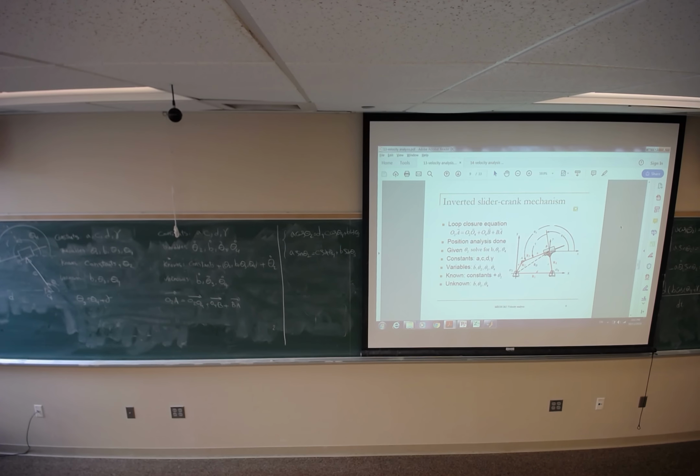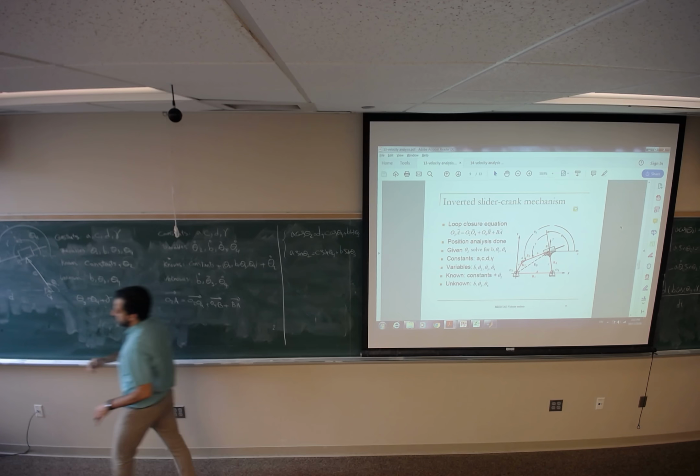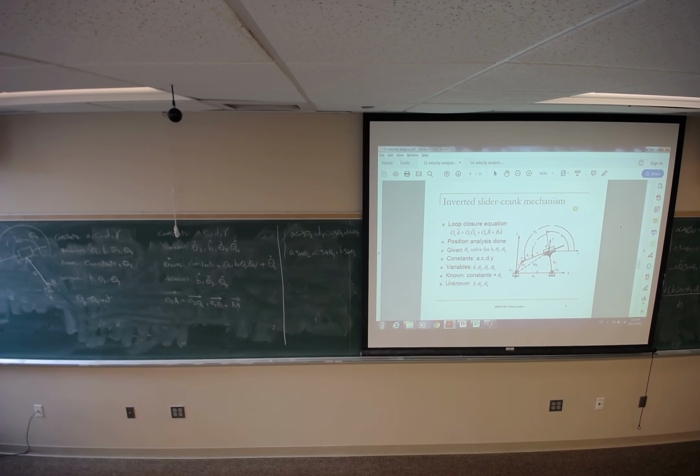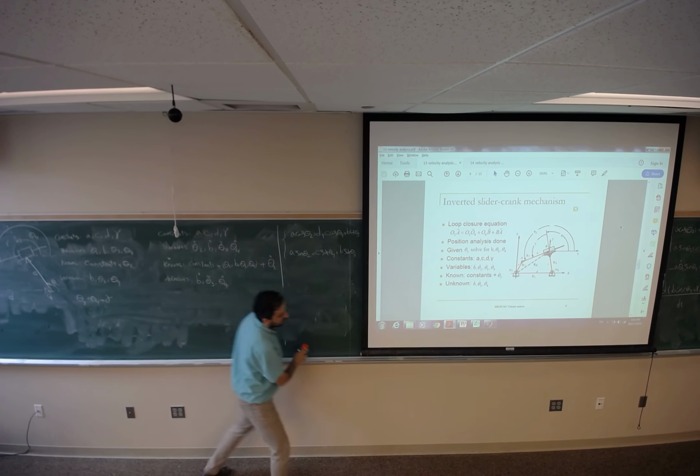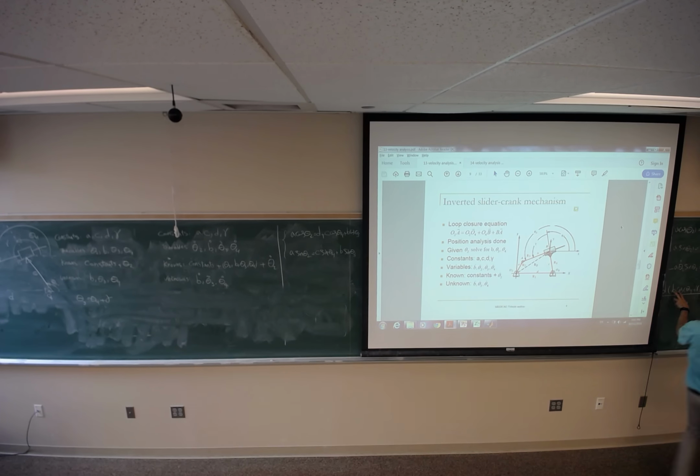Make sure that you know how to write this because you may need that to derive it for some other mechanism. So derivative of two variables which are multiplied is derivative of the first one times the second one, plus derivative of the second one times the first one.